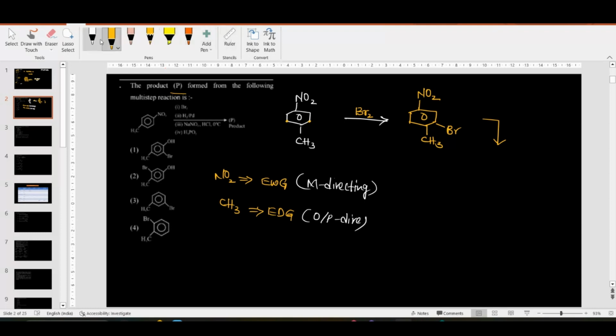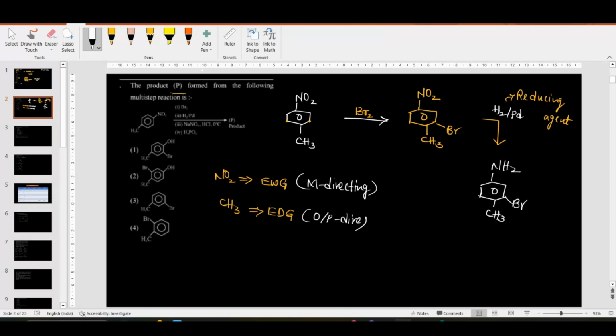As we know, this is a reducing agent. This will reduce this NO2 to NH2. Then we'll get this: NH2, here this Br and CH3.